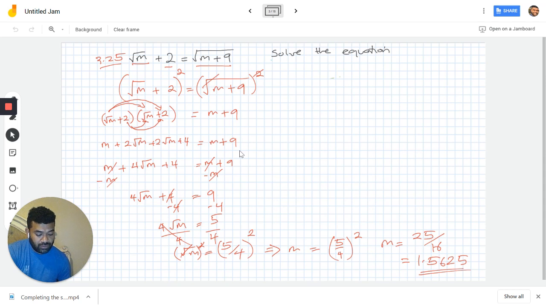If I square root my answer, it's going to give me 3.25 as well. So that is how you prove whether your answer is correct.